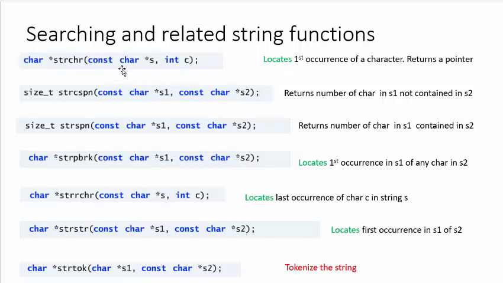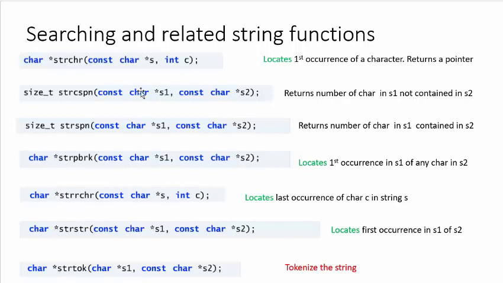So this is expecting to get a string and it's expecting to get a character passed to it. So you have a string and you're looking for the first occurrence of a character, and then the function is going to return a pointer to that character. So there is a pointer there for all of the functions that say locates, that has a pointer here in the function prototypes.